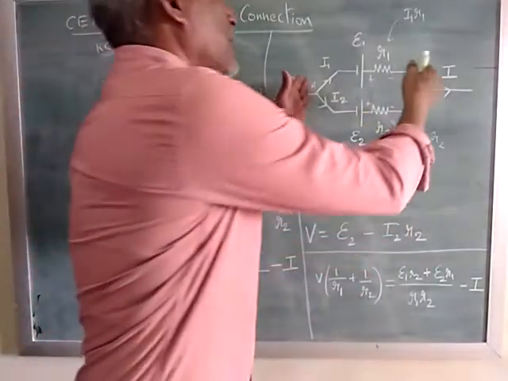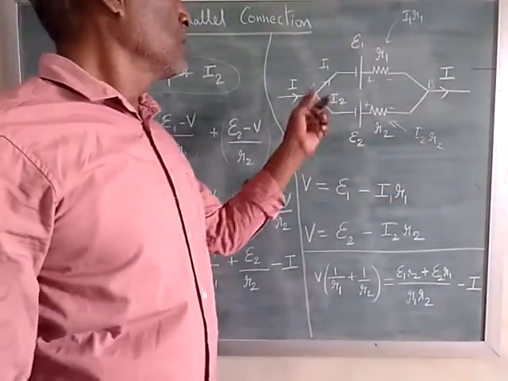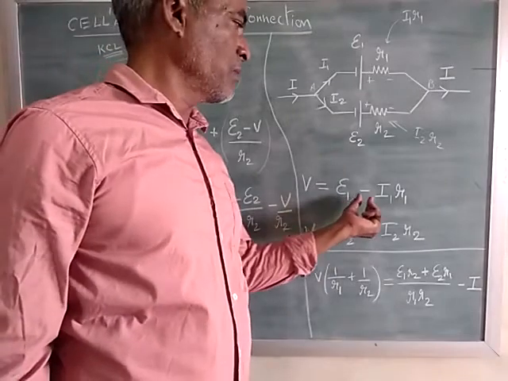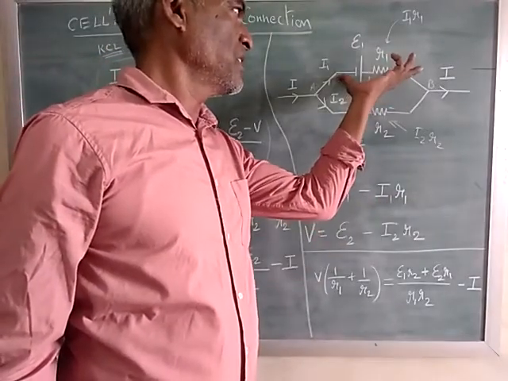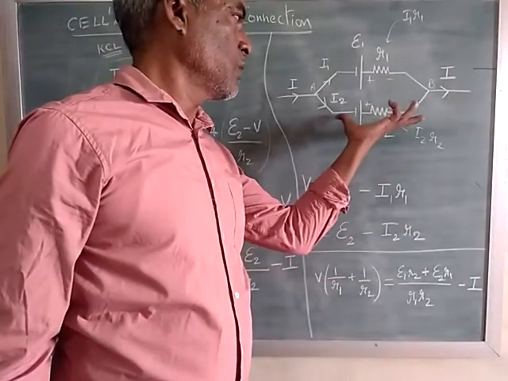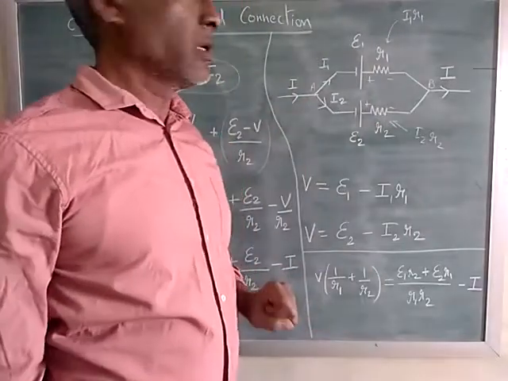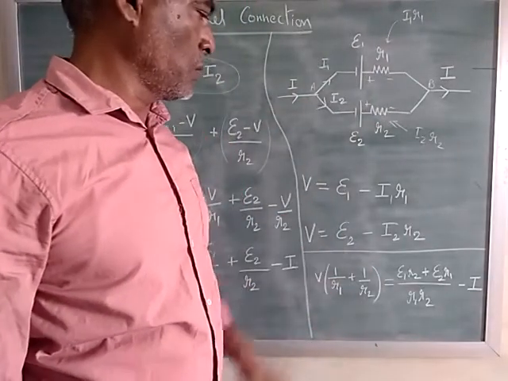In parallel connection, both the voltages will be same, as we told earlier. So V is equal to E1 minus I1 R1 is the voltage here, and E2 minus I2 R2 is the voltage here. Since both are in parallel, both the voltages are equal.